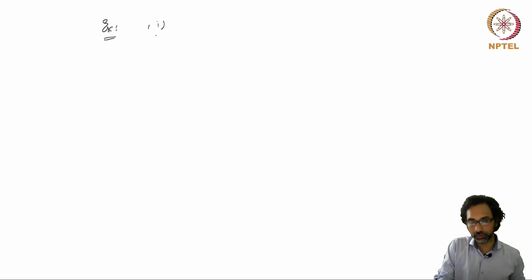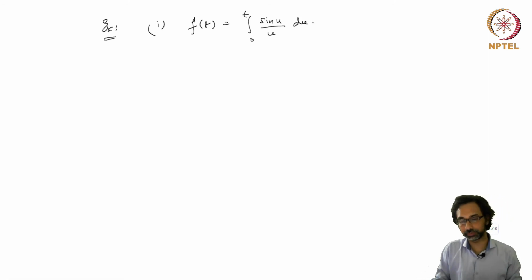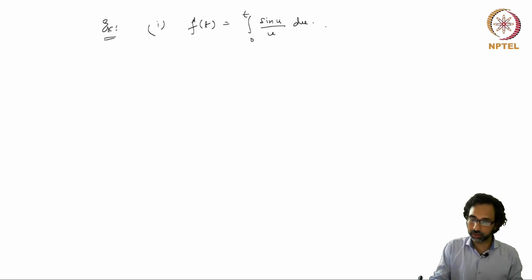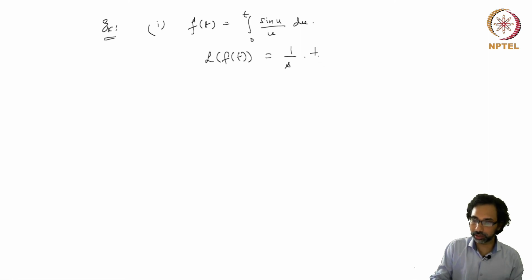So if you take f(t) to be the integral from 0 to t of sin u over u du, we have seen that the Laplace transform of f(t) is equal to 1 over s times the tan inverse of 1 over s.